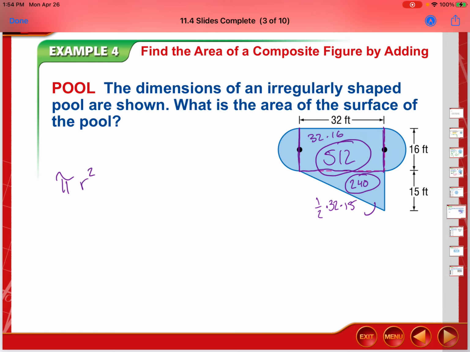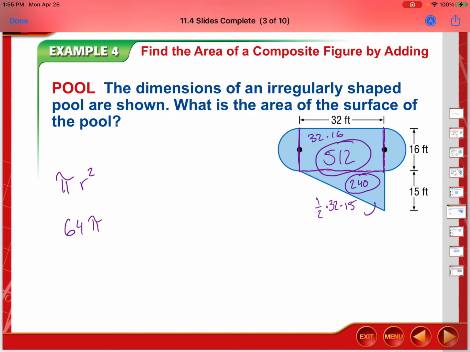My radius of this circle is going to be 16 divided by 2, or 8. So I'm going to say 64 times pi, since 8 squared is 64. So 64 pi, which is about 201.06.